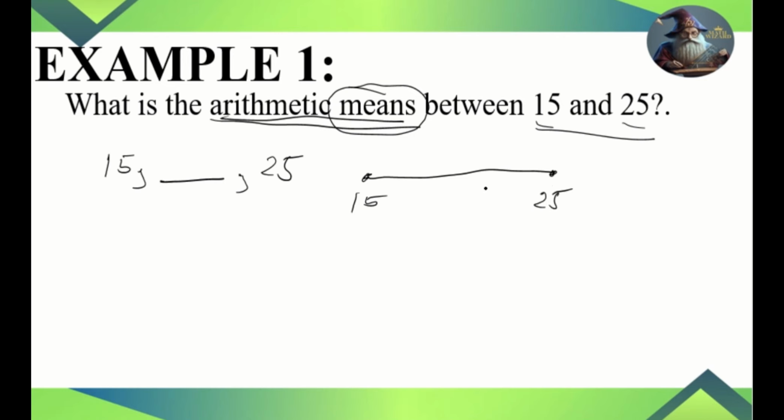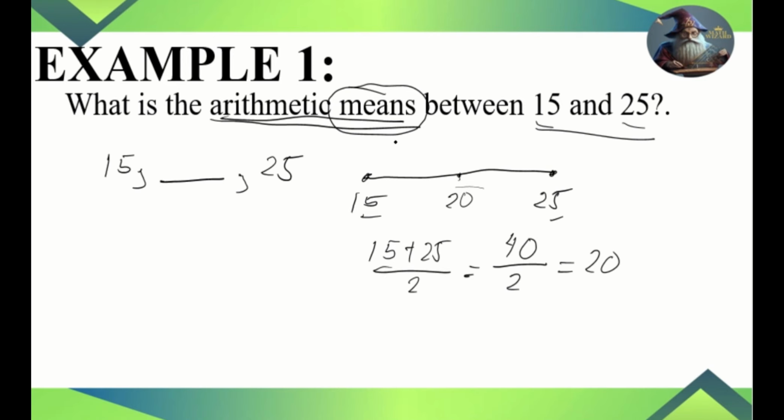So therefore, ang gagawin dito, i-add itong 15 and i-add itong 25, then divided by 2 to get the average. So therefore, 15 plus 25 divided by 2 is equal to, so 15 plus 25, that is 40, divided by 2 is equal to 20. So therefore, 20 is the middle term or the mean of this sequence of 15 and 25.